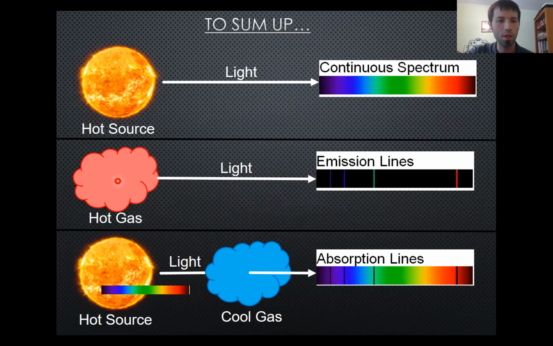So whatever emission lines a gas cloud will produce, it will absorb the same lines if I pass a continuous spectrum through it. So now instead of light being emitted, the gas cloud is absorbing light. So even though I have every single color in the rainbow being produced here by the hot source, tiny slivers out of that rainbow are being absorbed by the gas cloud.